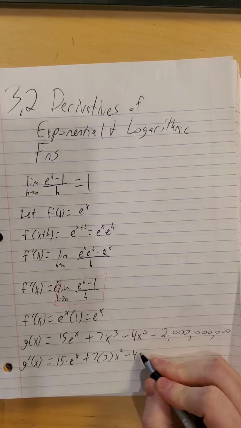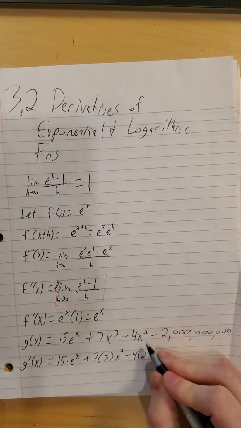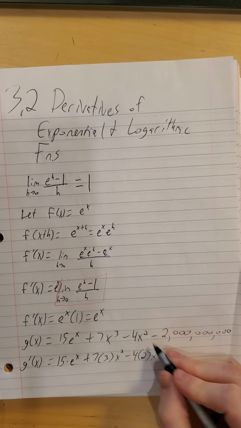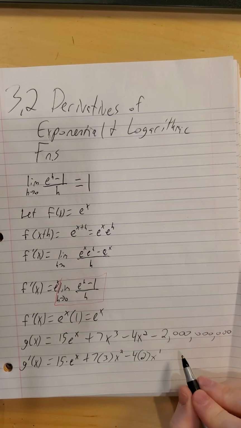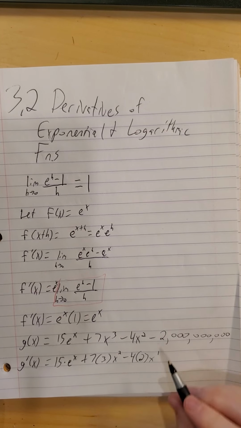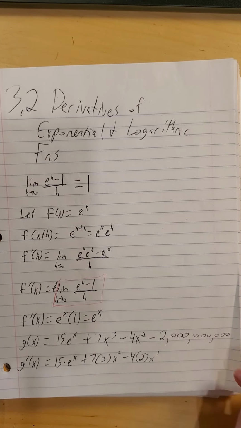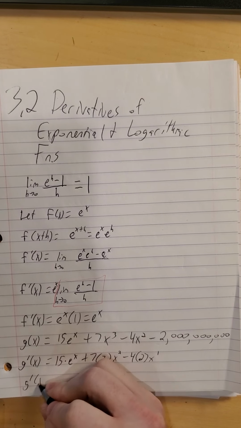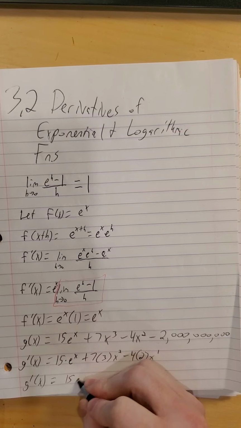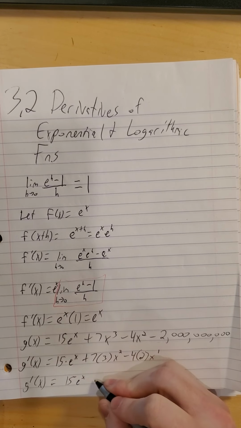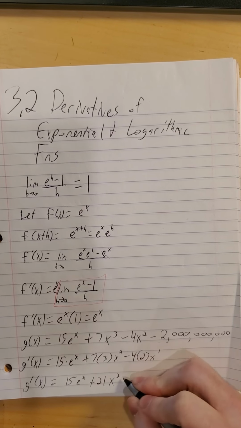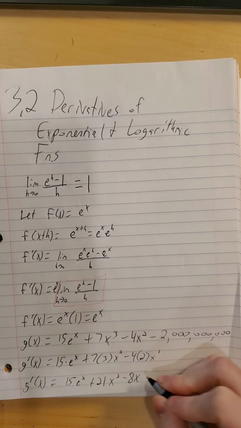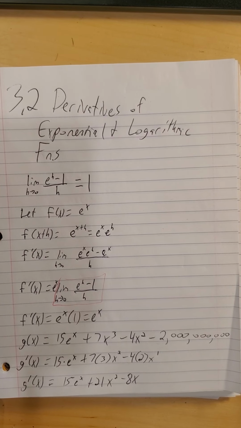Hang on to the factor, negative 4, 2 is now a factor, x squared is down to x to the first, and the derivative of any constant is always a 0, no matter how big or small that number. So g prime of x, just a little cleanup here, 15e to the x plus 21x squared minus 8x would be our derivative.